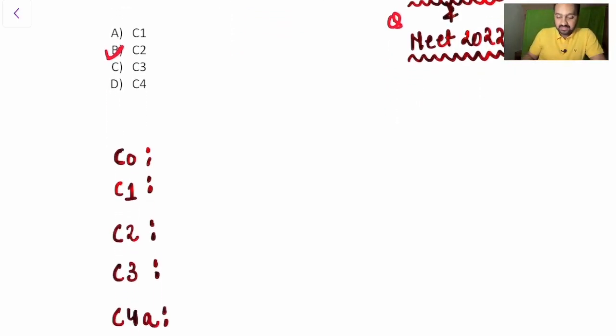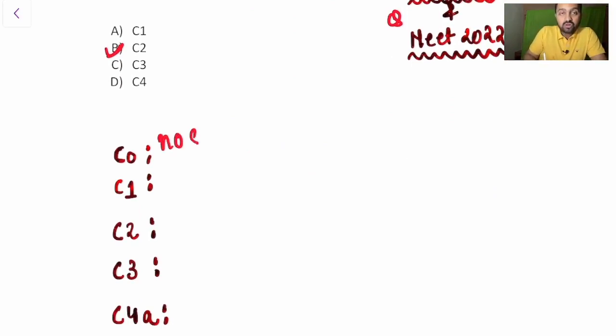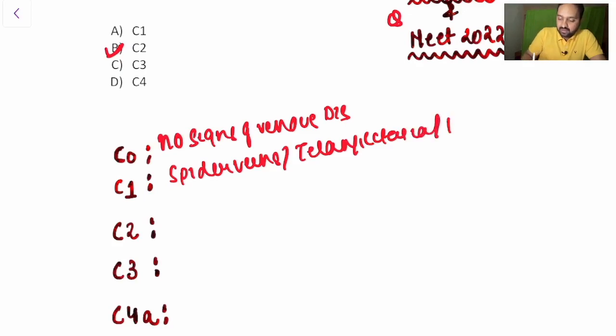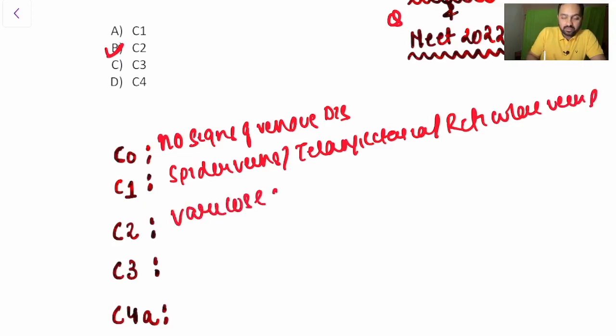We have C0, where we have no signs of venous disease. Then we have C1, where we have spider veins, telangiectasia, and reticular veins. Then we have C2, which is varicose vein.